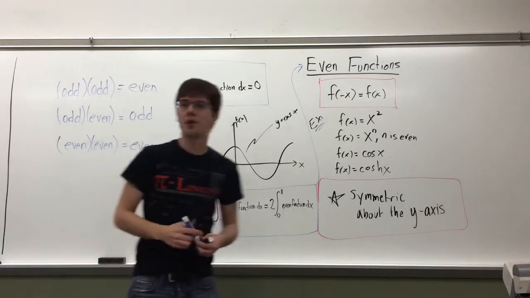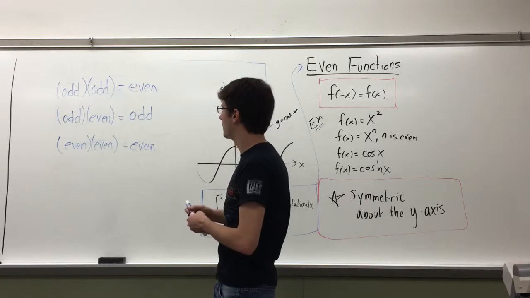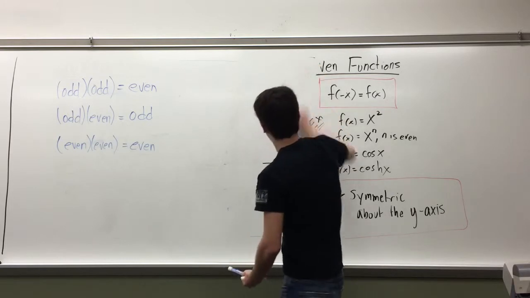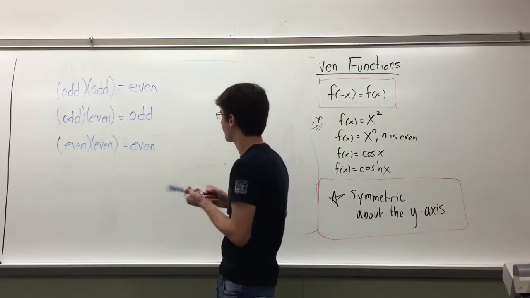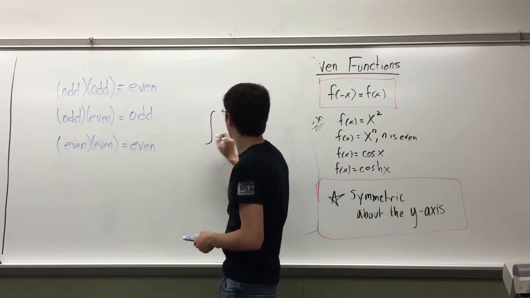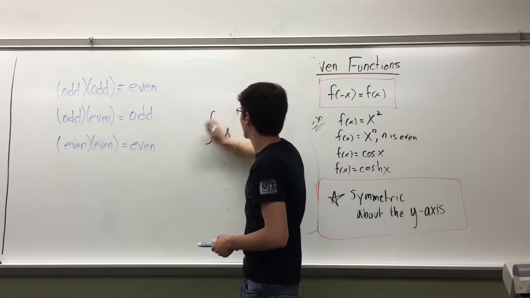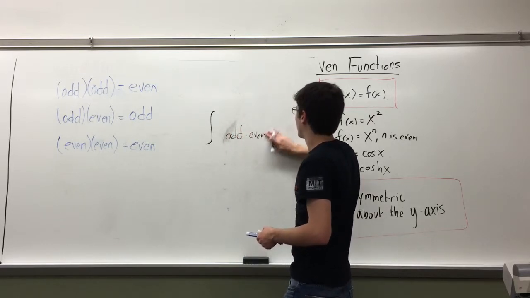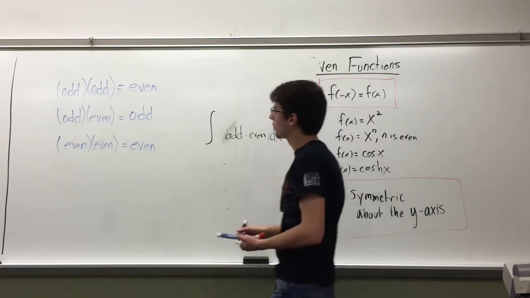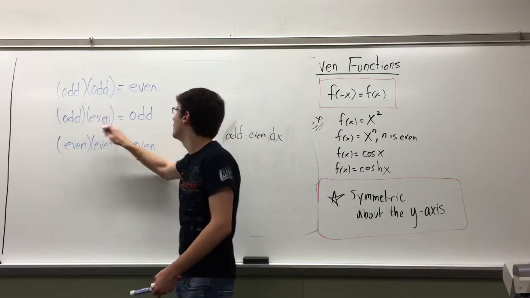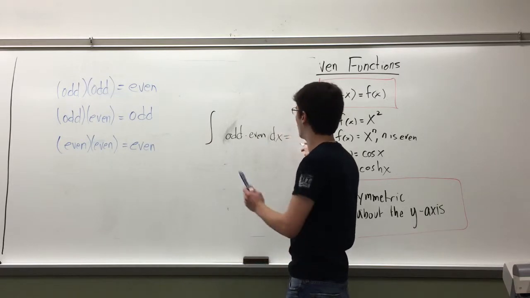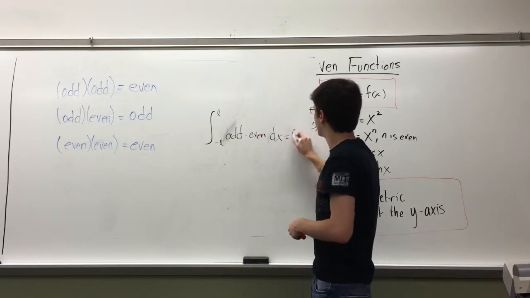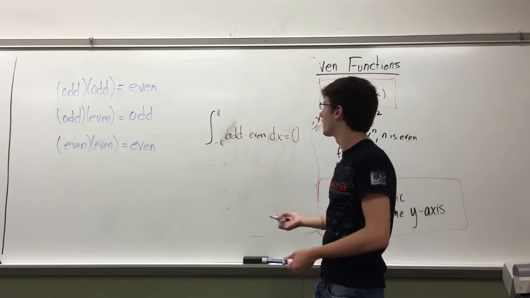So these are also important to remember because many times we're going to be multiplying, for example, let me erase this part over here, we're going to be doing the integral of an odd function times an even function. And it's important to realize that the product of an odd function and an even function gives you an odd function. So the integral of that over a symmetric interval is 0. So it's useful.